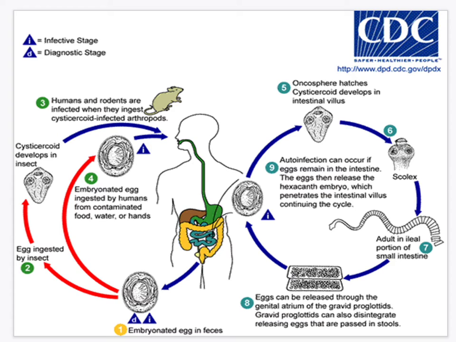So, there, they will be released and they will eventually develop into adult tapeworms in the intestine of the host. So, it takes 20 to 30 days from the time of the ingestion of the eggs to appear in the feces. So, eggs are optimally viable immediately after discharge from the bowel.